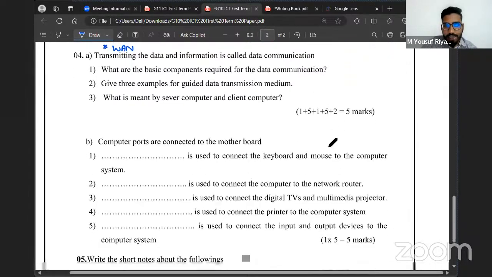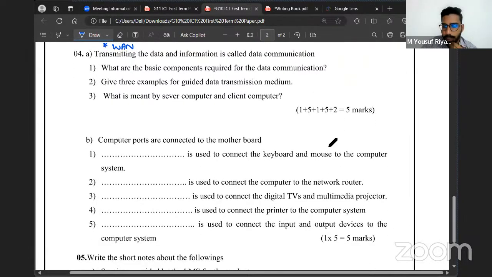Next, transmitting the data information is called data communication. Correct. What about saving time as an advantage? Saving time as an advantage is not something that is suitable because, obviously up to a certain level, yes, but let's say if I don't have a company network and I want to share files, you can talk about saves time as well, but again, it's not very suitable.